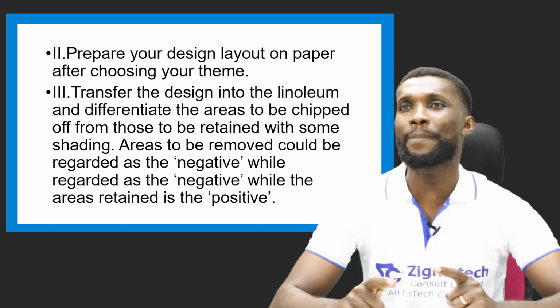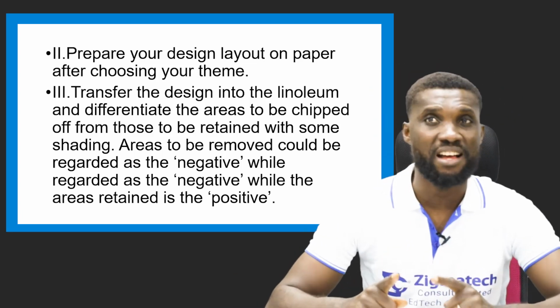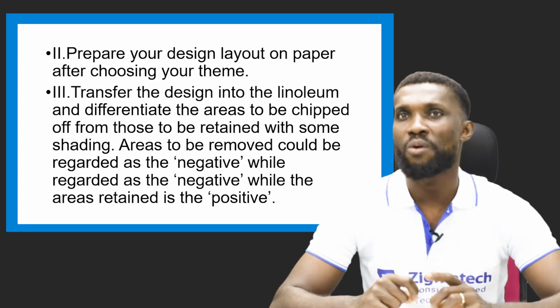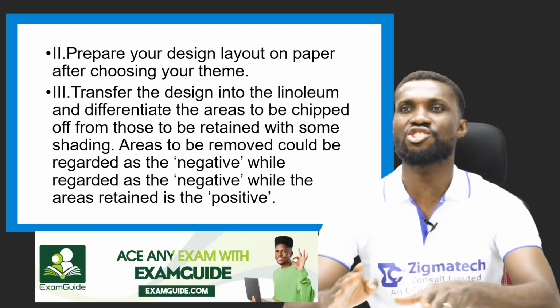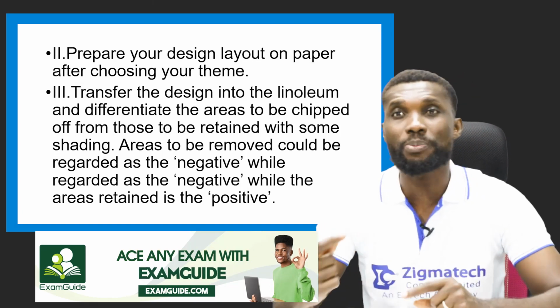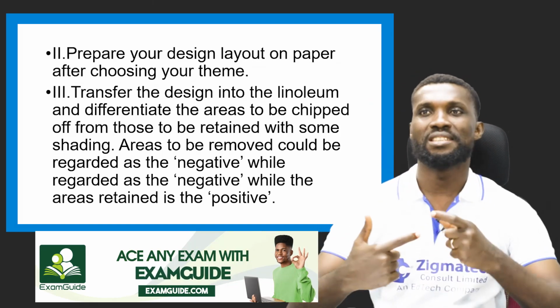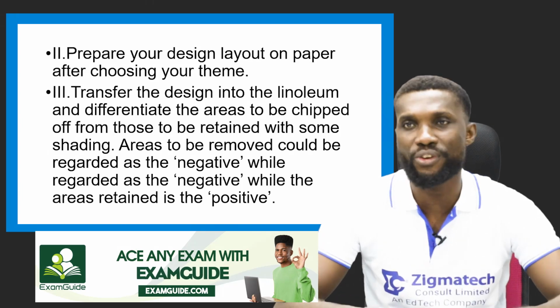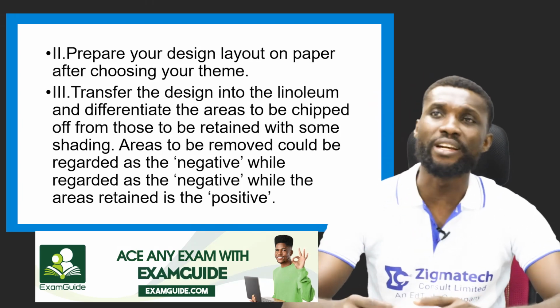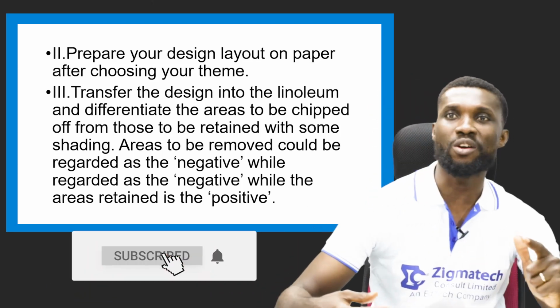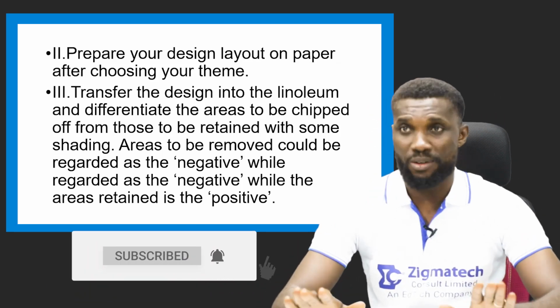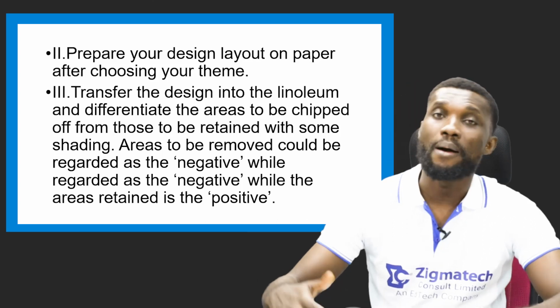Now, prepare your design layout on paper after choosing your theme. Now, transfer the design into the lino, and then you differentiate the areas to be chopped off from those that are to be retained on the surface of the lino. The areas to be removed could be regarded as the negative, while the areas that will stay could be regarded as the positive part.